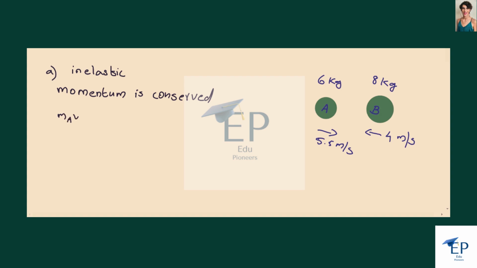This ma into va plus mb into vb is equal to final, the mass, both the masses stick together. So the final mass will be ma plus mb into v. We have to find this v.